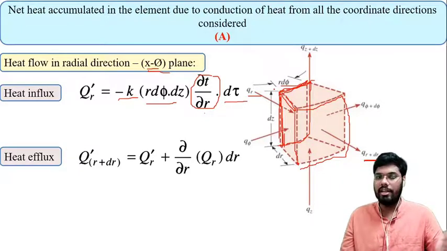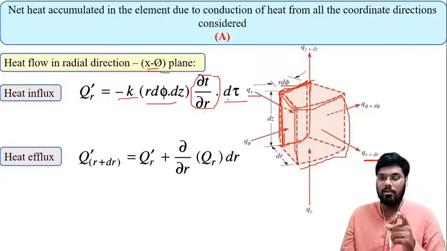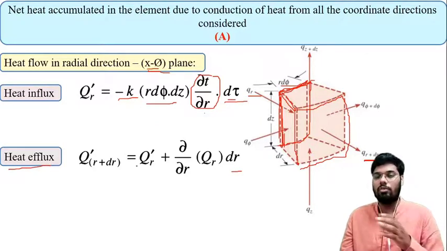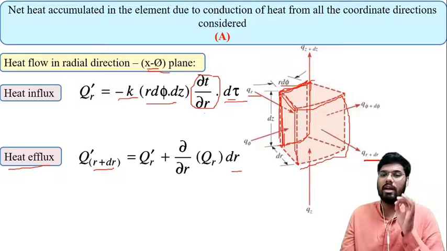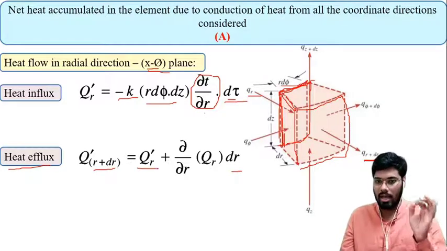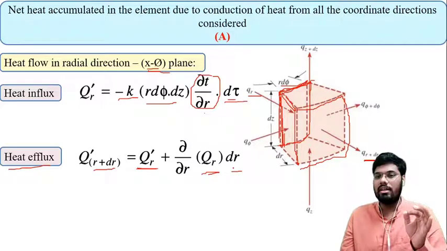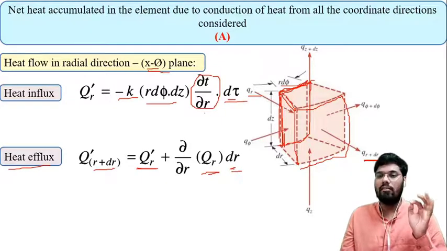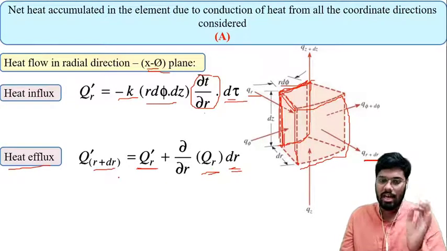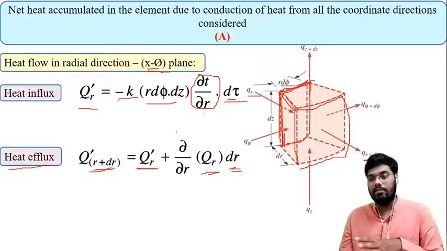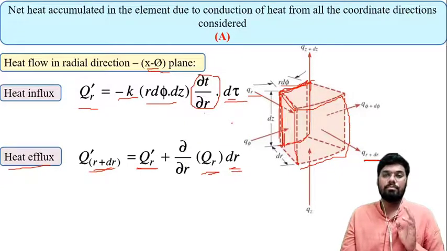This is the amount of heat influx in the same time interval. The amount which exits from the element is the heat efflux, qr plus dr. We know how to write the value of qr plus dr: it is qr plus the change in qr, which means del by del r of qr due to traveling a distance dr. So qr is the amount of heat which enters, and qr plus dr is the amount which exits in the same time interval d tau.